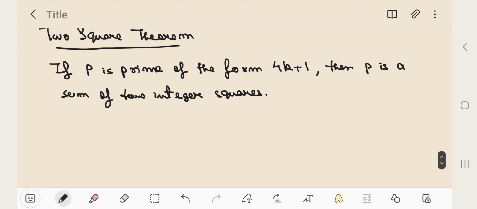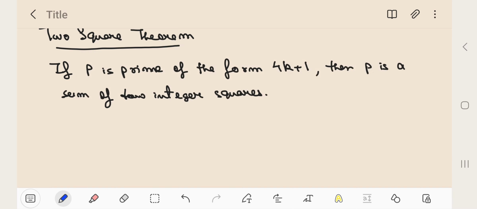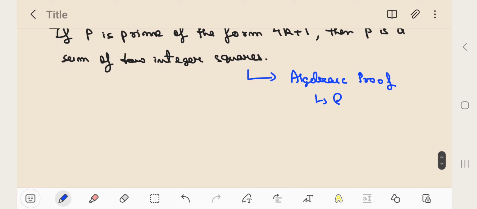Now this statement has a completely algebraic proof, which requires notions of Gaussian primes and simple primes and their correlations.